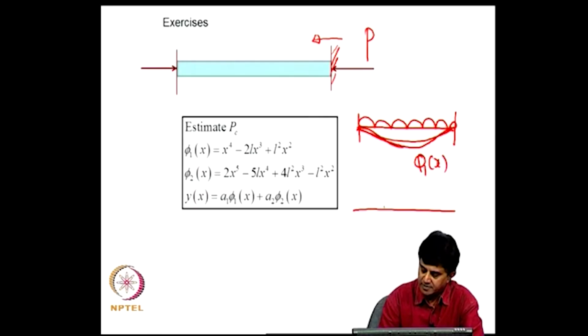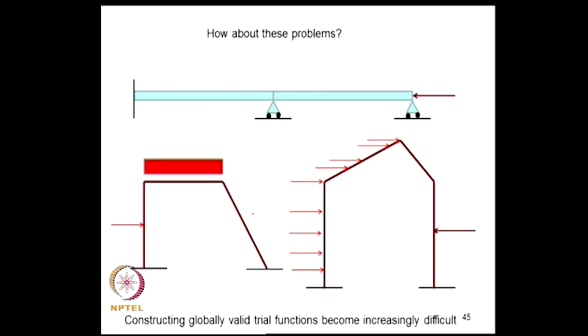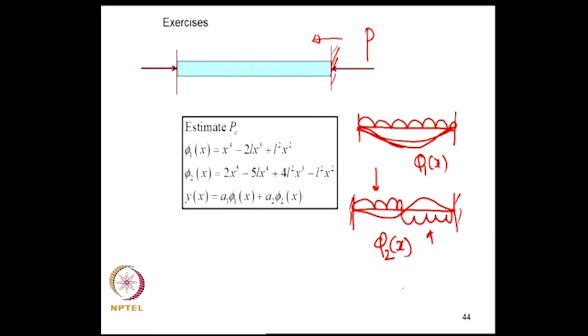In the other case I apply half the beam load this way and the other half this way, that means this load acts upwards and this load acts downwards. So, the deflected profile will be something like this. This is phi 2 of x. They are explicitly given here, and I leave it as an exercise that you use Galerkin's method and evaluate the P critical value.